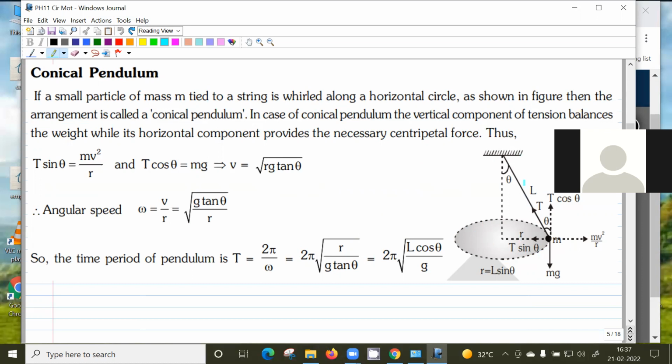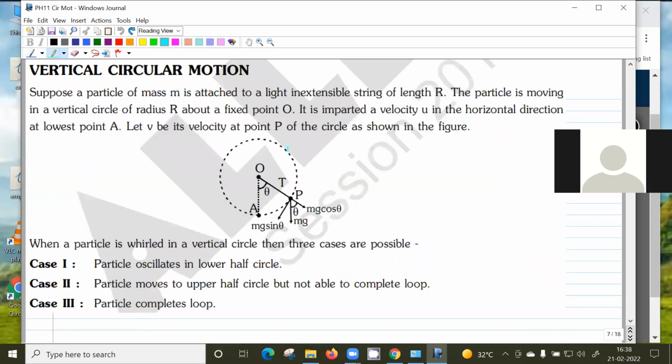With theta it will change, but for a given theta, it is fixed. So tension is constant once theta is fixed. Theta is fixed, the length is fixed. So the tension remains constant, but in vertical circular motion, the tension will keep changing, right?